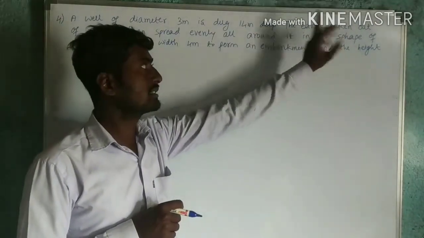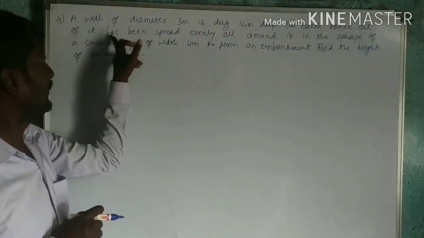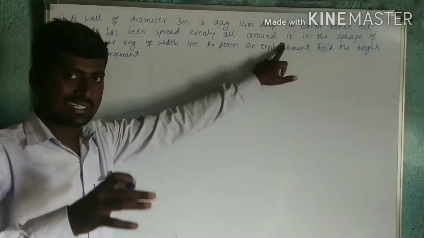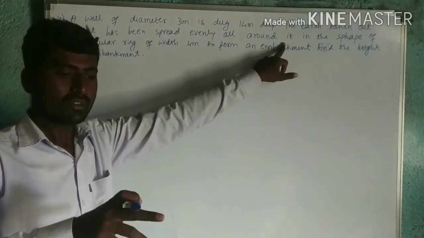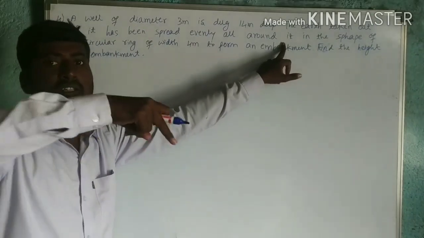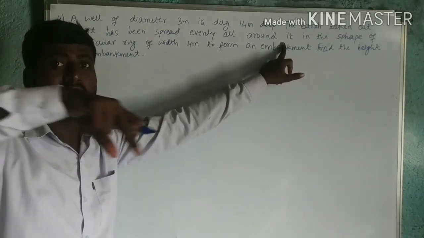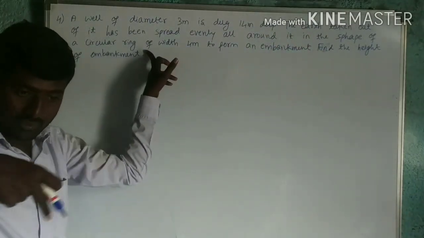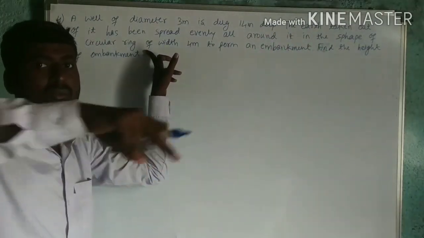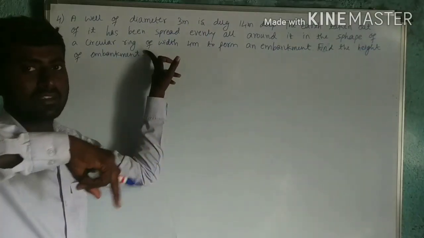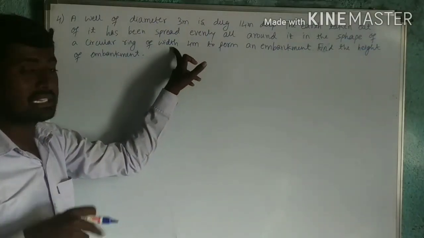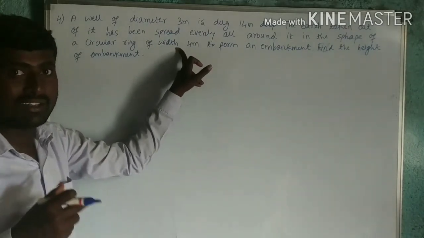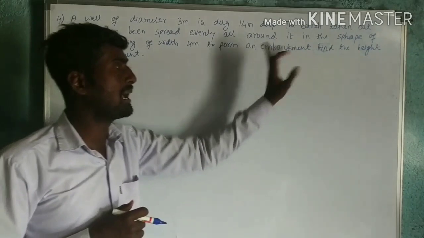Next, the earth taken out of it has been spread evenly all around it. So we are taking that earth from the well, and we are going to spread that soil all around it in the shape of a circular ring. The width of that circular ring is 4 meter, to form an embankment.